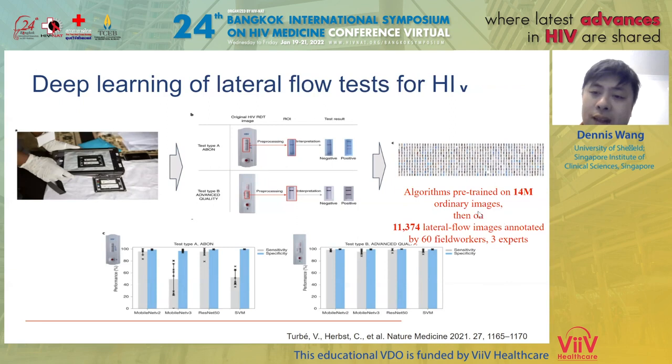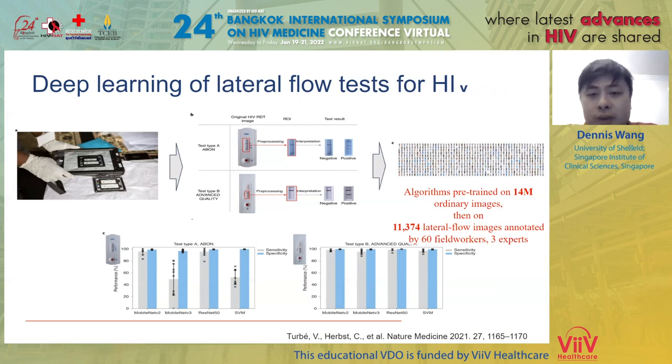Another thing to note is that the algorithms were actually pre-trained on just ordinary images. So these are algorithms that have been trained on image databases like ImageNet that have ordinary images of different shapes and so forth. So they're already learning from vast amounts of data to recognize different features from images. And this has spurred on a lot of advancement in medical imaging.